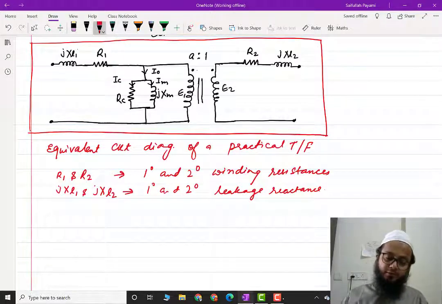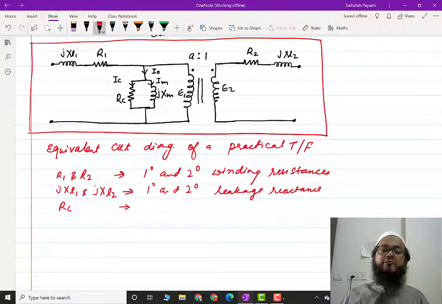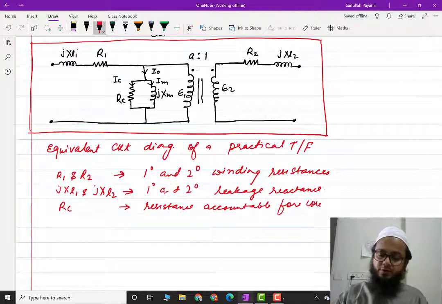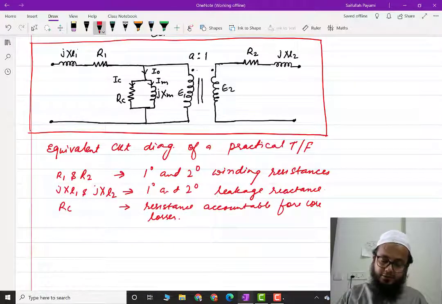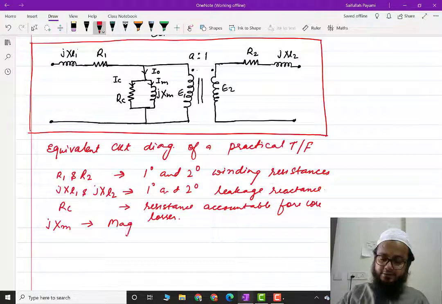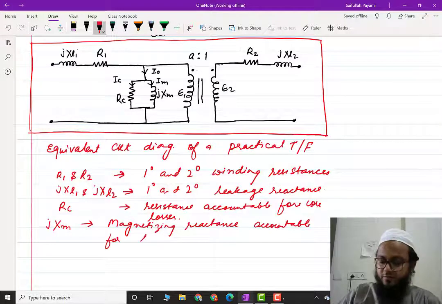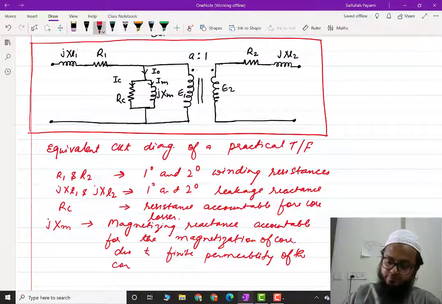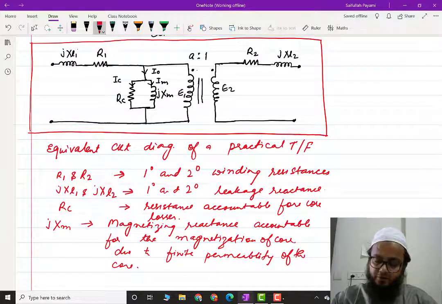RC is the resistance accountable for core losses, and jXM is the magnetizing reactance accountable for the magnetization of the core due to the finite permeability of the core.